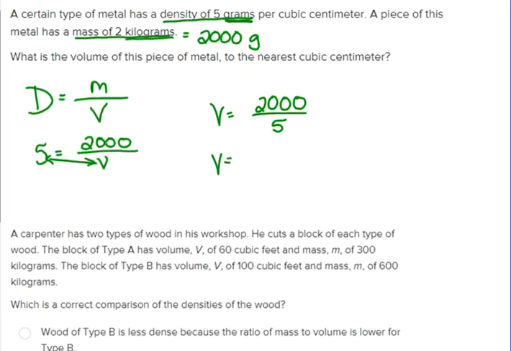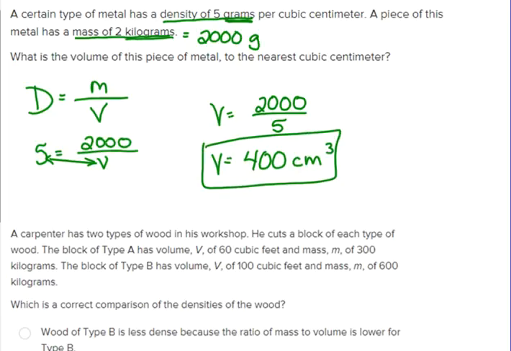So that tells us that our volume is 400 cubic centimeters. So very simple, but you got to make sure that those units agree before you actually do the problem.